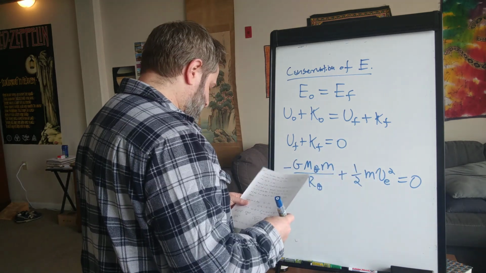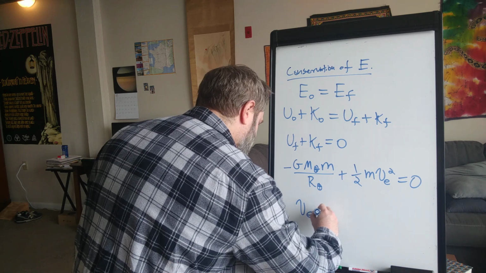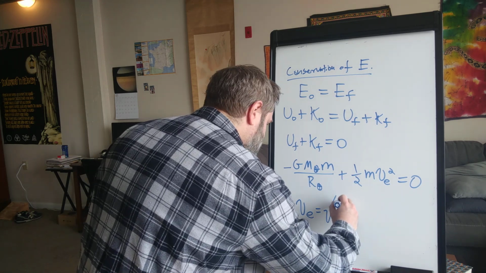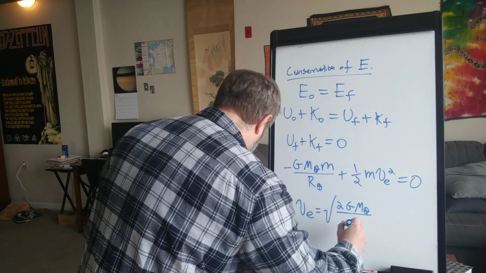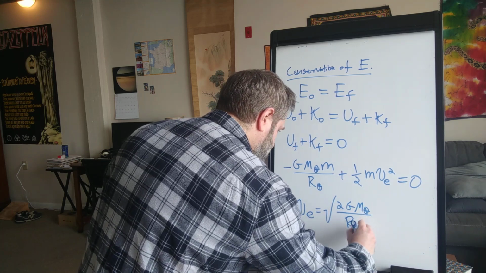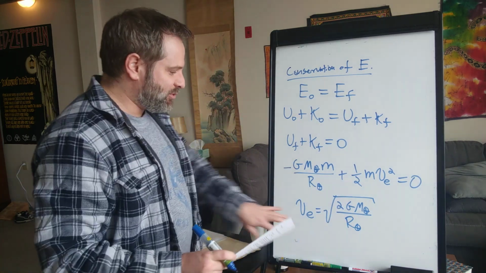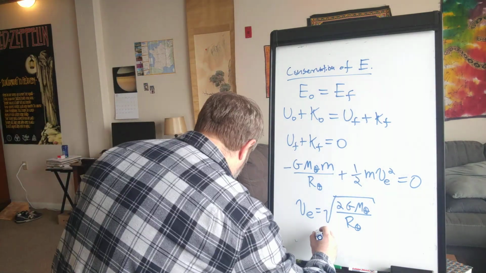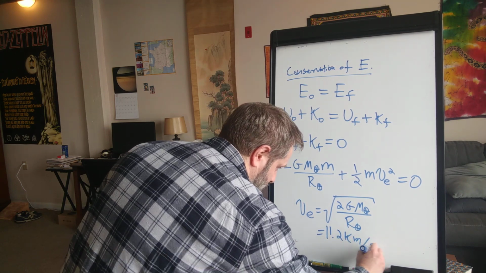The mass of the projectile will cancel out, and we get escape velocity equal to the square root of 2 G M_Earth over the radius of the Earth. Okay. So if we plug in these numbers, we get escape velocity as 11.2 kilometers per second.